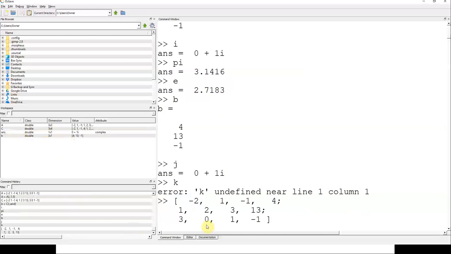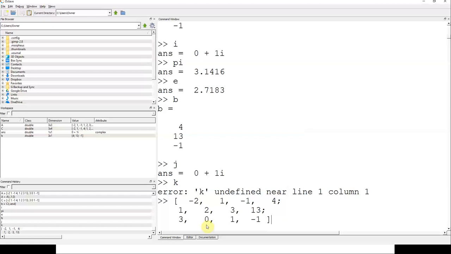I went over here, right clicked on C, said copy value, and then I just said paste. It copied C, and there it is. It's the same thing that I typed out for C, but I got it by copying what is saved here and pressing Control V.